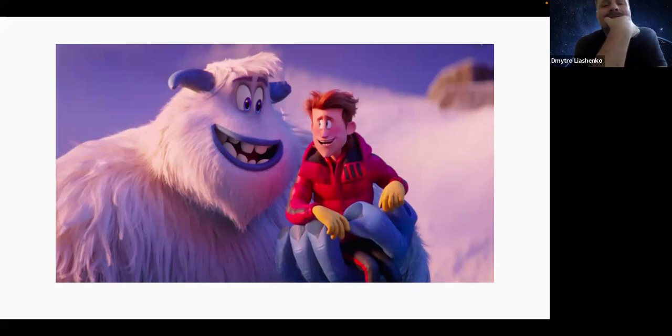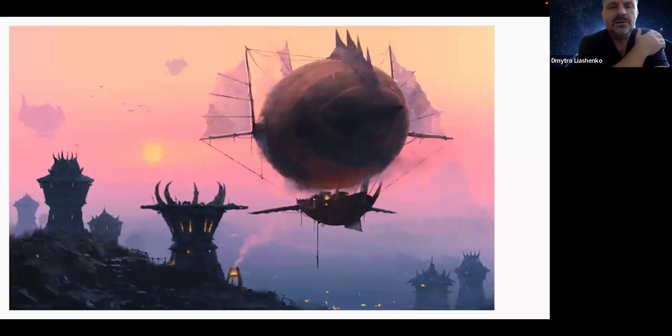We can see the color accent and size of persons give us understanding of importance of every object.